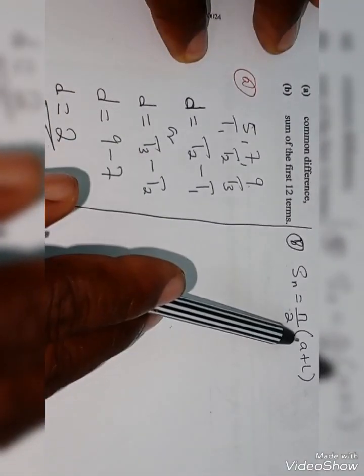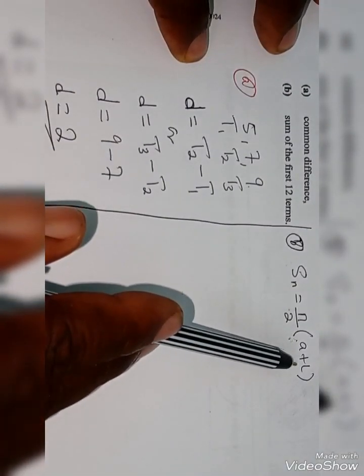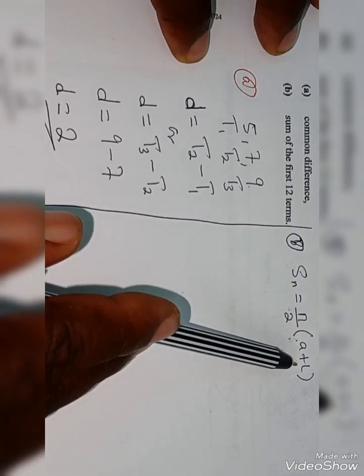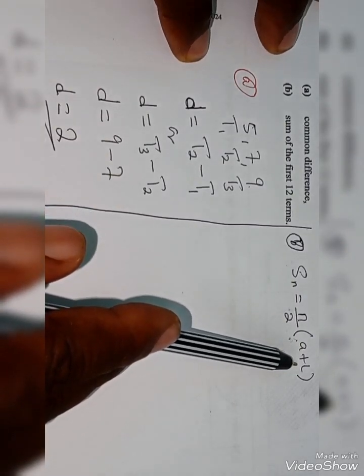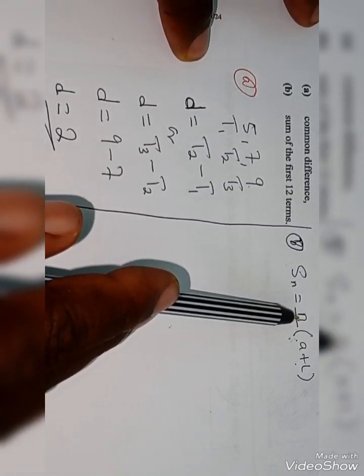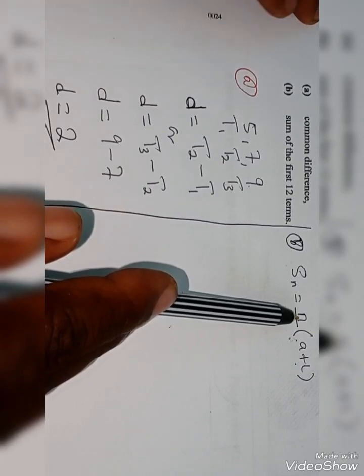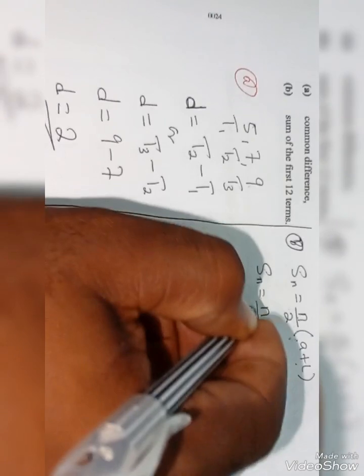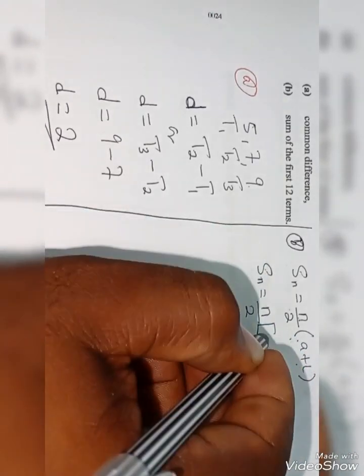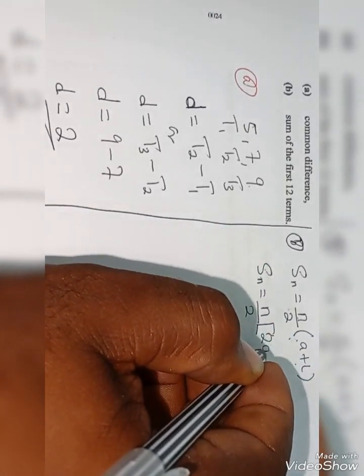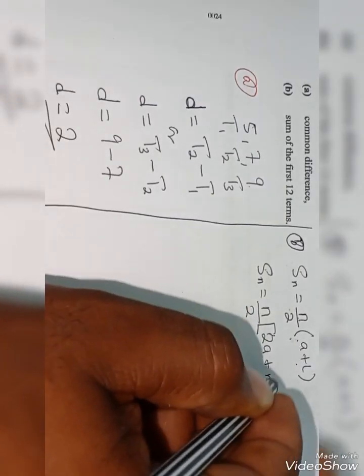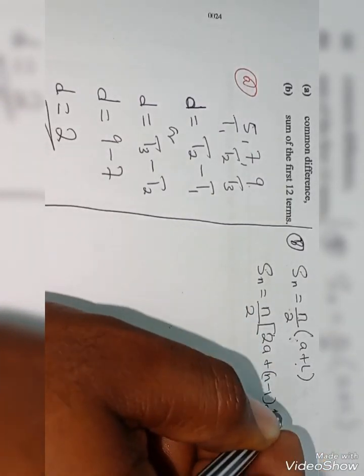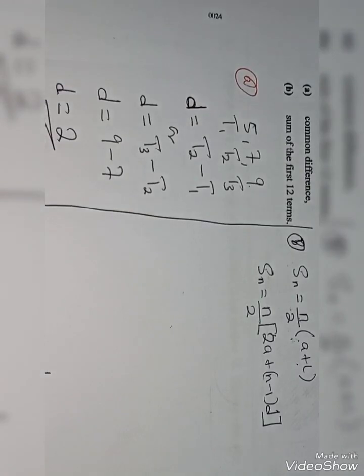So a means first term, l means last term, and n is the position or the number of terms. Now the second formula is sum of terms is equal to n over 2 open square bracket 2a plus (n minus 1) d close square bracket.